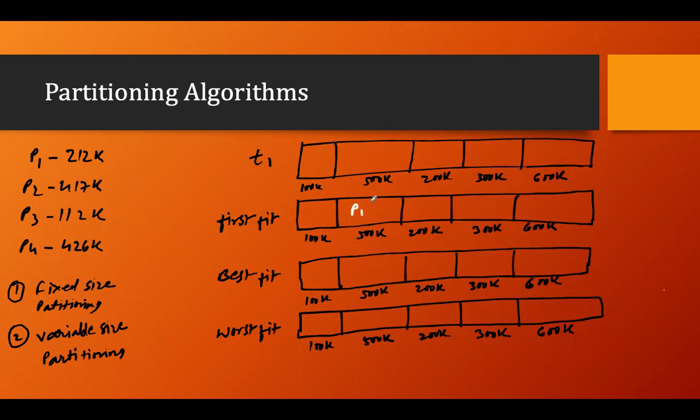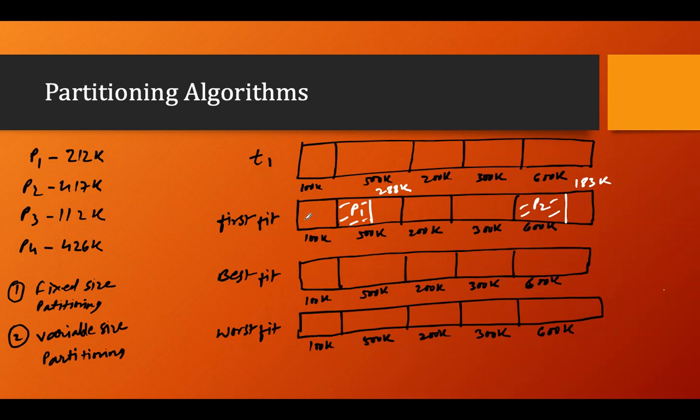Here we accommodate P1 in the 500 chunk of memory, so 288 will be left that we can use further. Then 417. We can accommodate it here. P2 will be accommodated here, 417 from 600, so the leftover will be 183K.